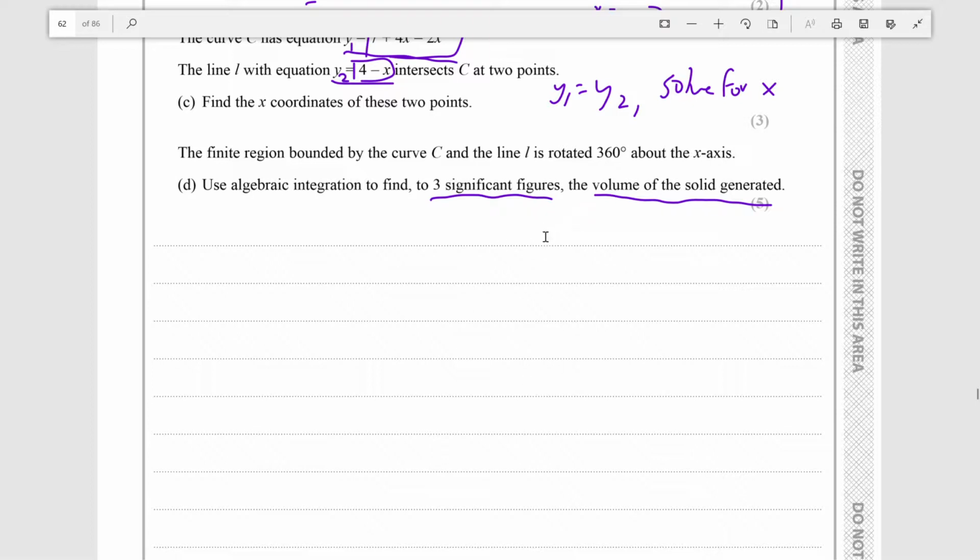So this is pi times y1 squared dx, minus pi times y2 squared dx. Or this could be equivalent to pi times the integral of (y1 squared minus y2 squared) dx. And that is how we can calculate it.